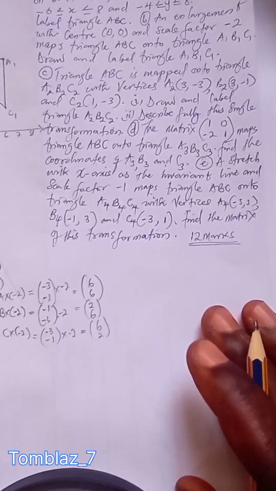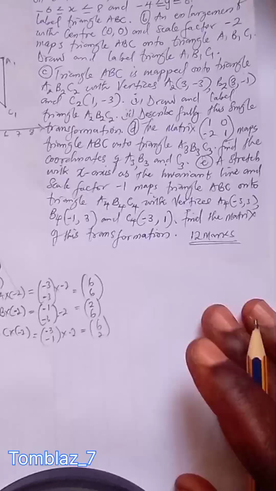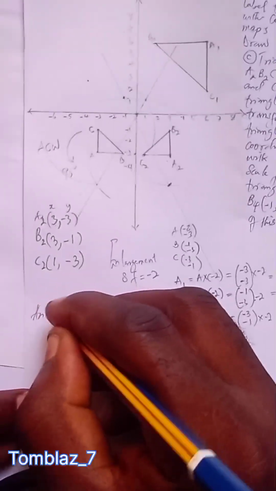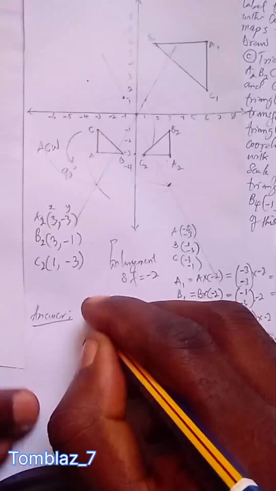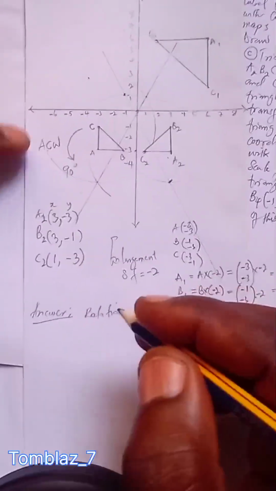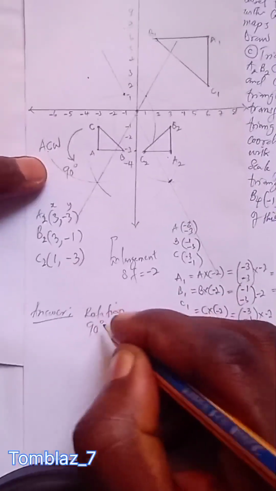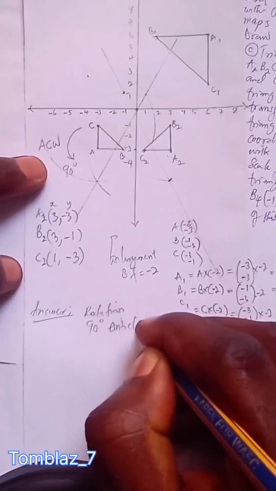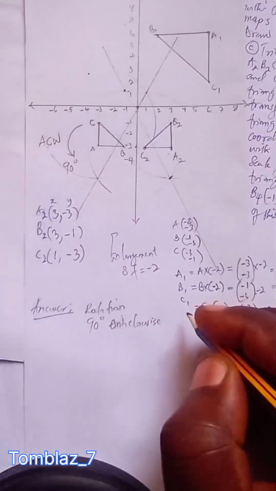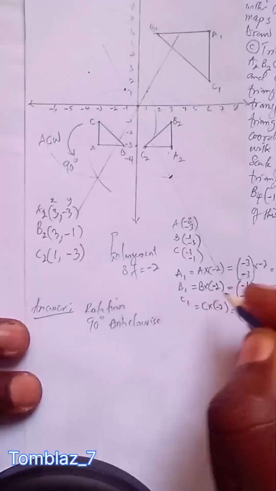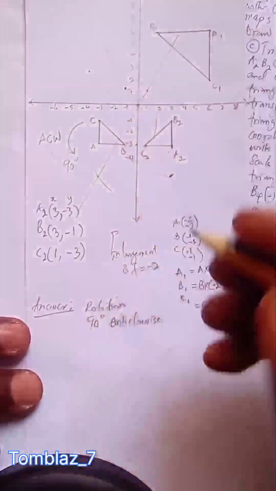So let's do the description. Describe fully the single transformation. That answer is going to be a rotation at which angle? We have explained it, 90 degrees anti-clockwise, and at which center of rotation?